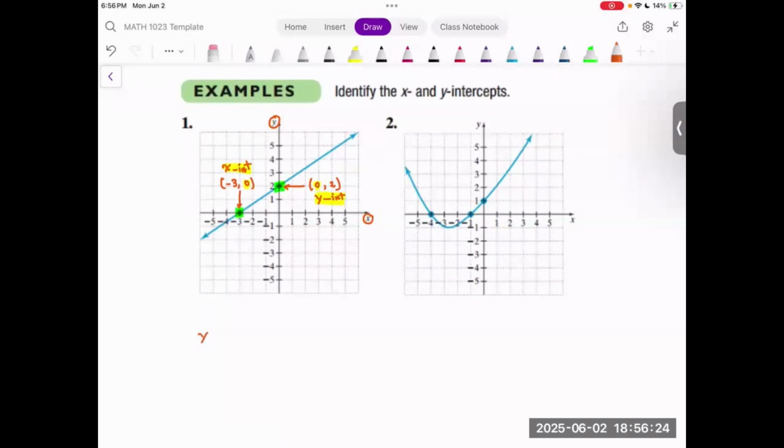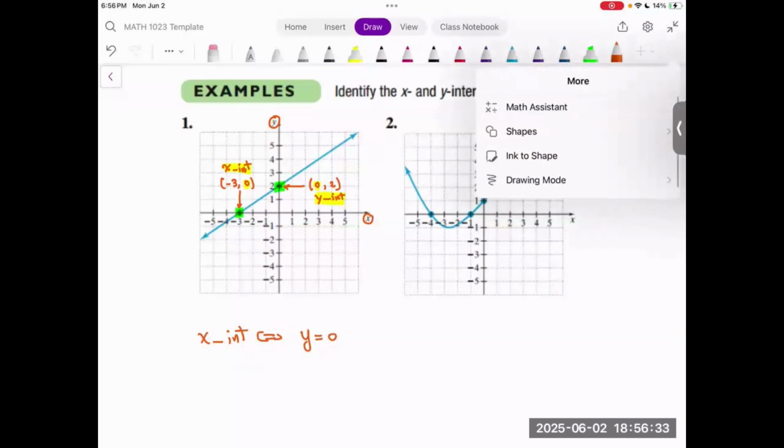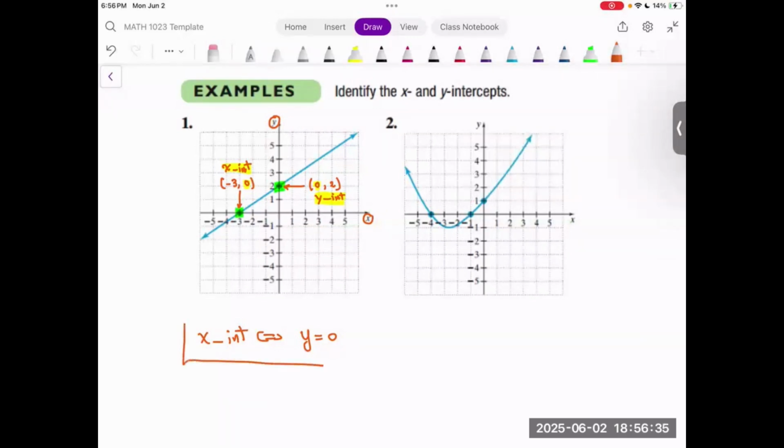So let me write down the property a bit better. If I'm looking for the x-intercepts here, this is equivalent to y being 0, right? And I can box it, right? I can put it as a formula right now. Does that make sense? And the same way here, if I'm looking for the y-intercept, this is going to be equivalent. Which one is going to be 0?